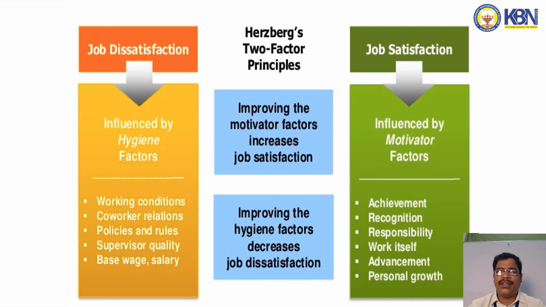So here, if supervising quality is not good, if the supervisor is not showing empathy, or if he is not providing the required information to the employee, then again the employee feels dissatisfied.